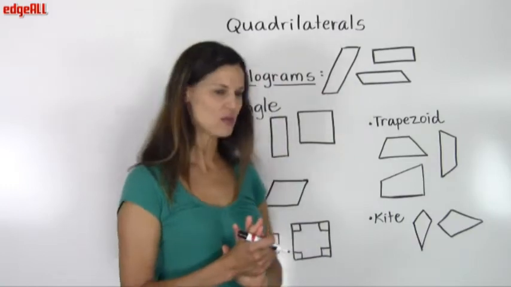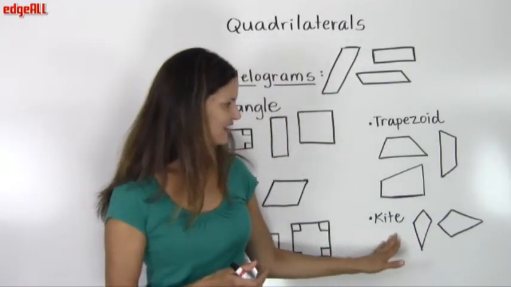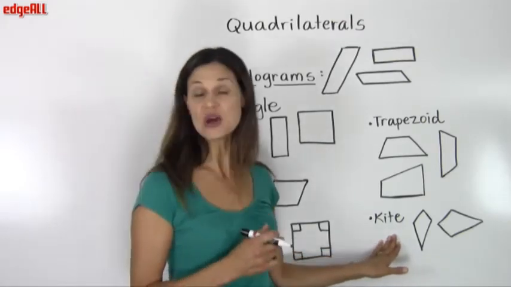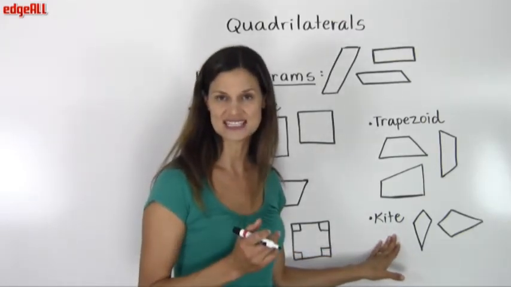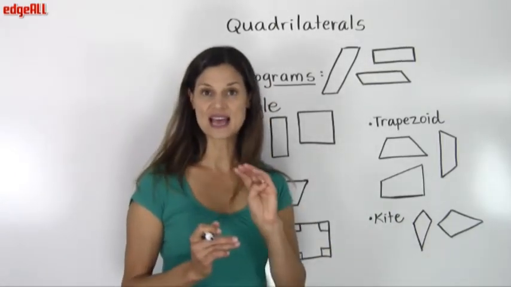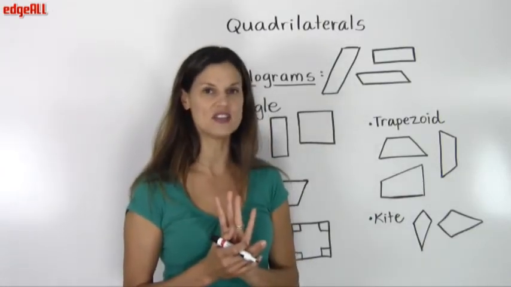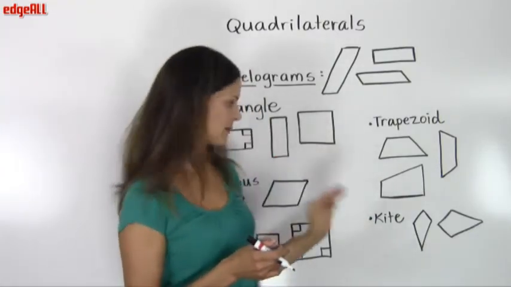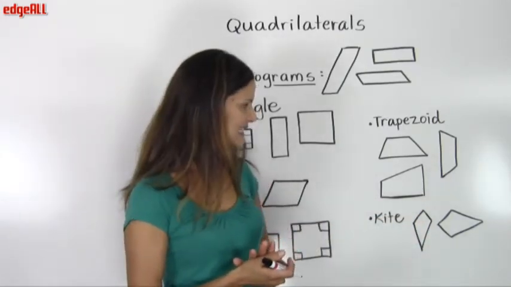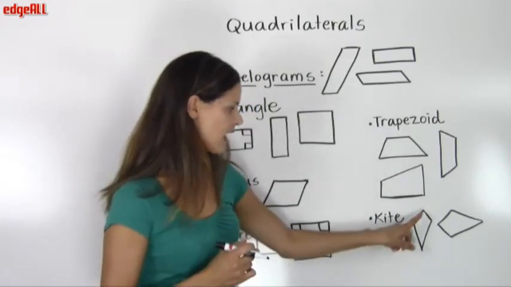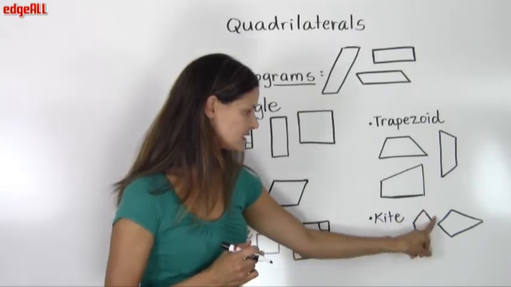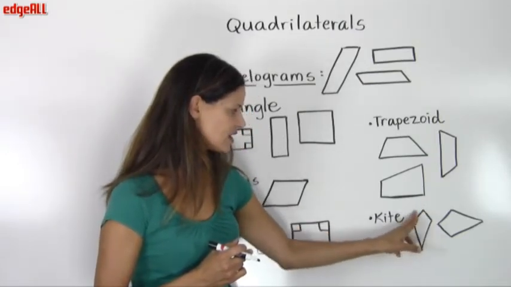And then lastly, we have our kite. And the definition of a kite is that a kite has two sets of equal sides which are adjacent to one another. So a kite is a quadrilateral because it has four sides. It's a four-sided figure. It's not a parallelogram because none of its opposite sides are parallel to one another. But it does have two sets of equal sides. So this length here is equal to this length here, and they're adjacent to each other.